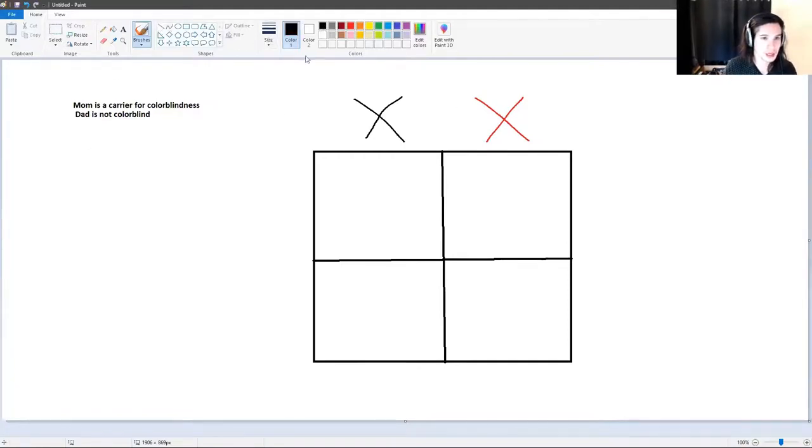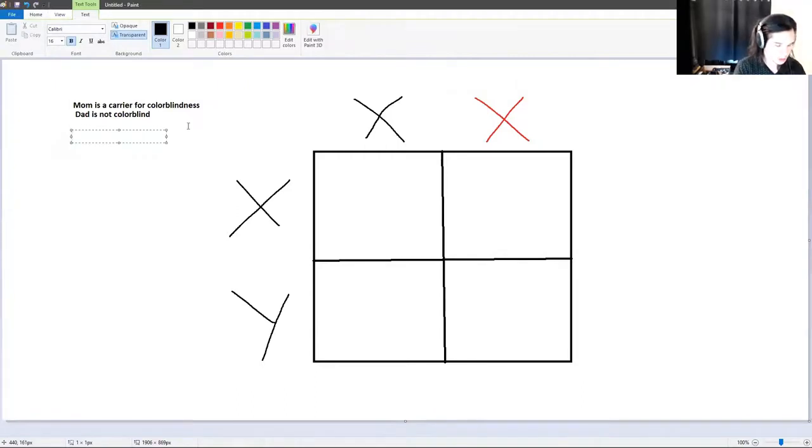And then we have the dad, which is XY, and he's not colorblind. But remember, and I'll just type this in the notes too, the colorblind gene is carried only on the X chromosome.